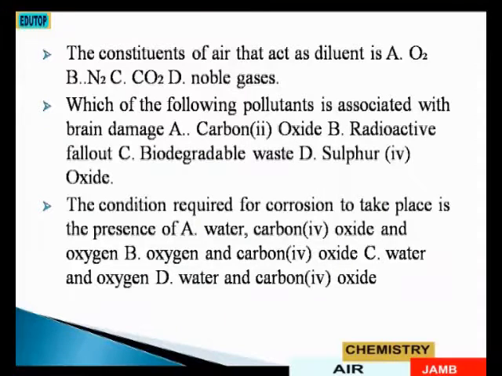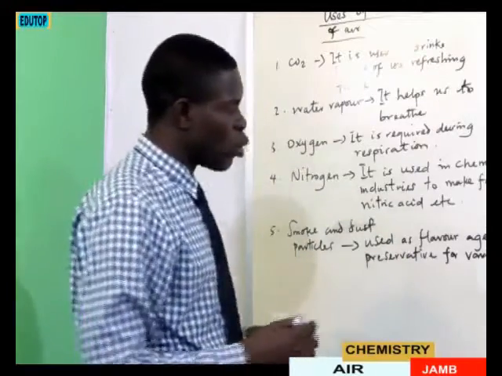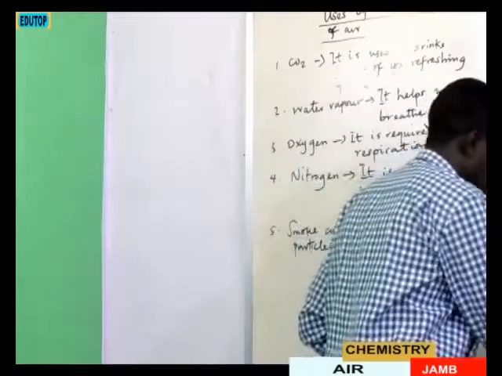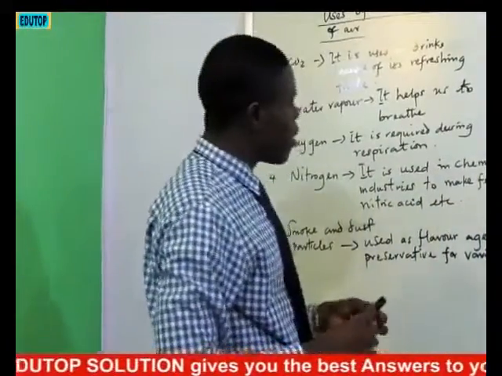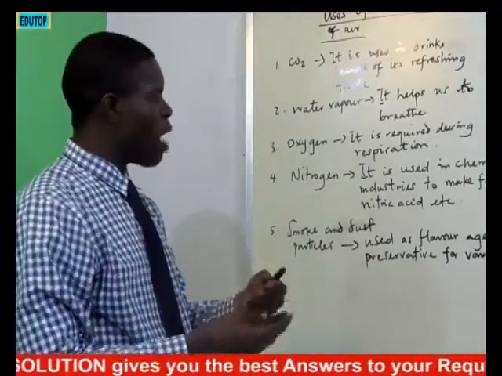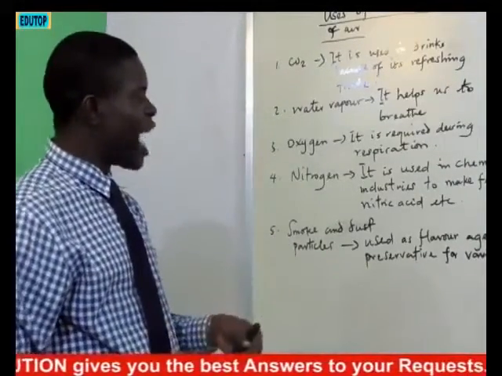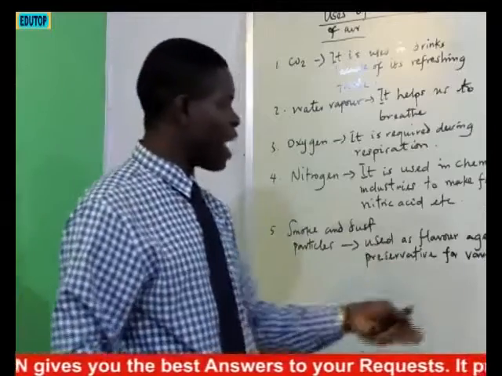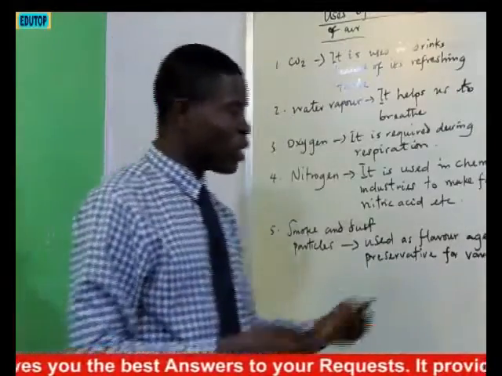Question 3. The constituent of air that acts as a diluent is, I have talked about this earlier. So what's the constituent of air that is used as a diluent? Nitrogen, simply because it is employed in the chemical industries, where its operation is as a diluent, such as in making fertilizers and nitric acid, which is a solution.